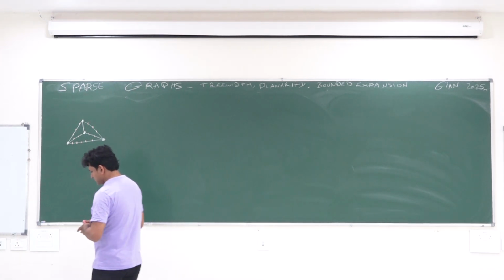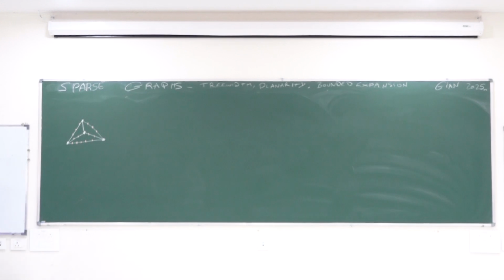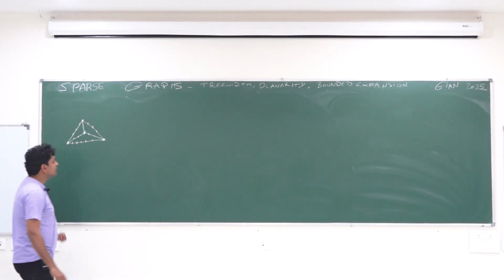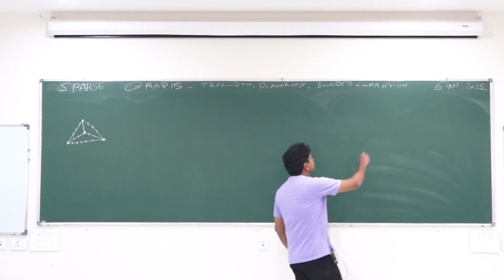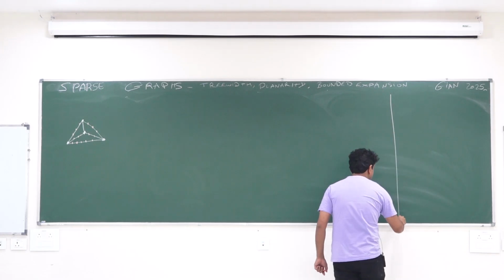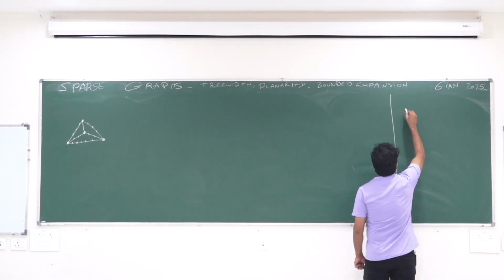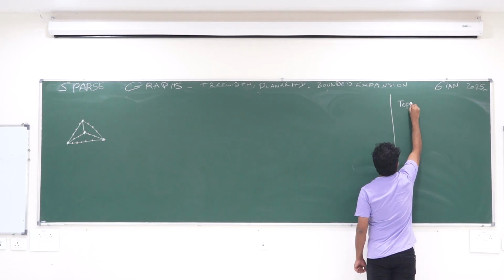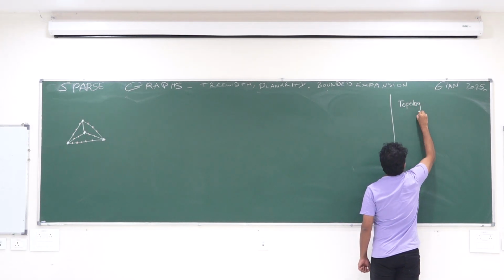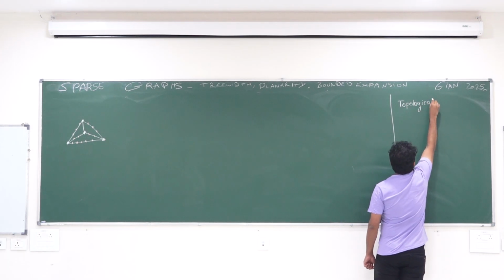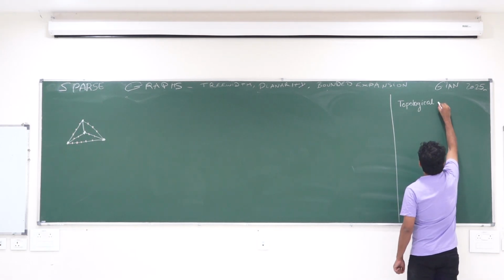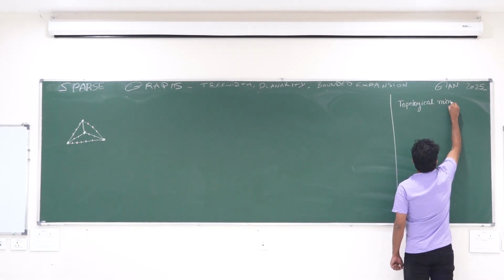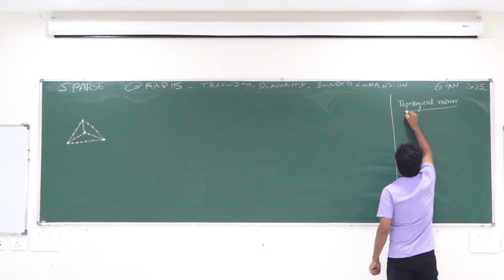So this is one very important operation. In the sense, it gives us the definition of topological minor. So what is it?